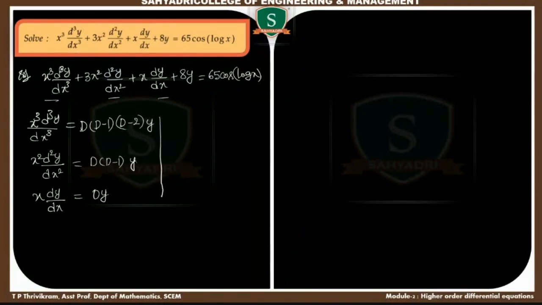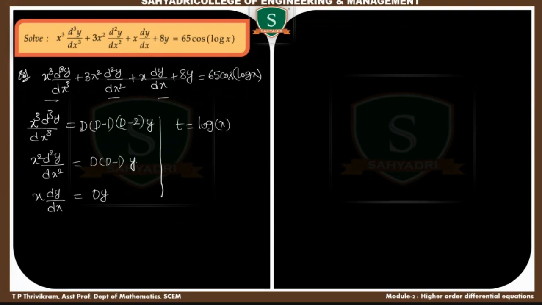Next, t is equal to log x, which implies x is equal to e power t. So this is for the variable substitution and this is for the derivative substitution. Now substitute in it; take it as equation 1.